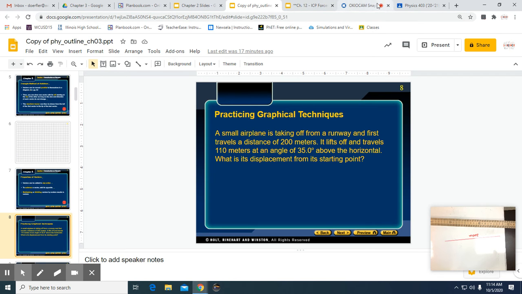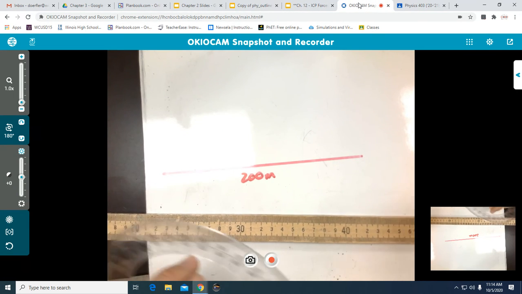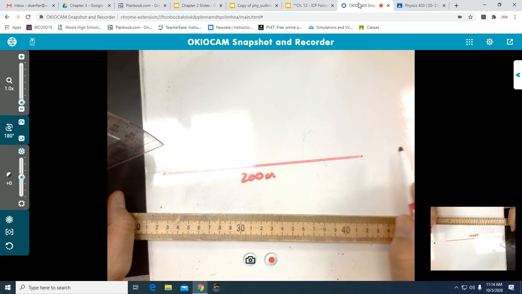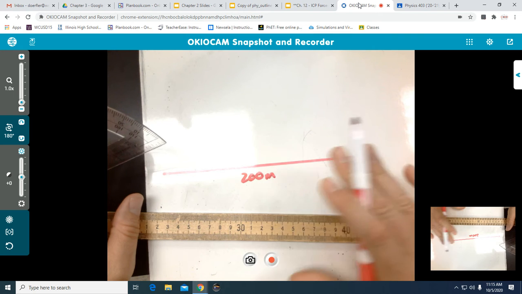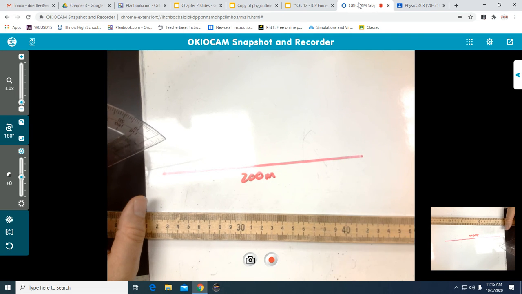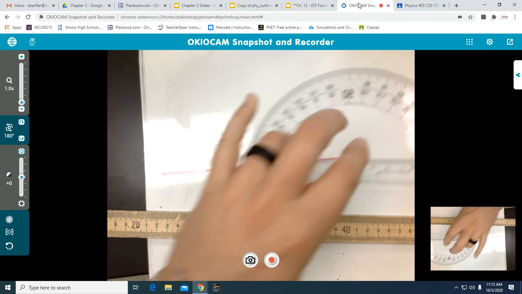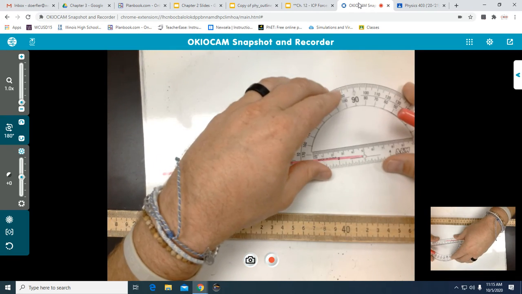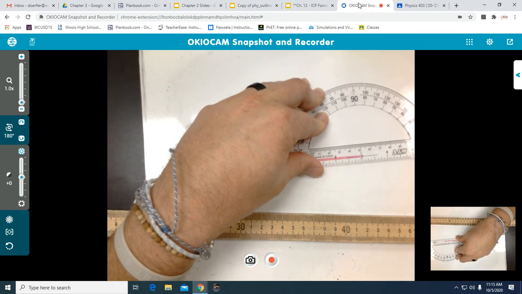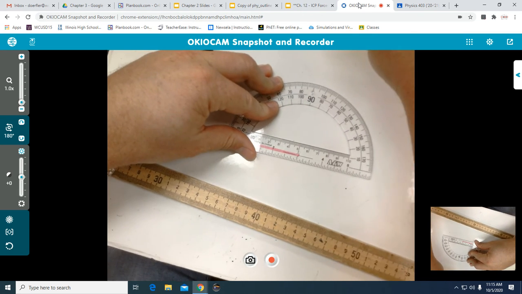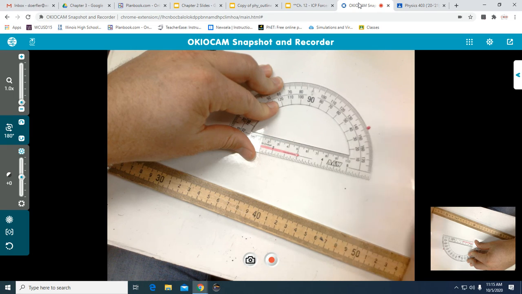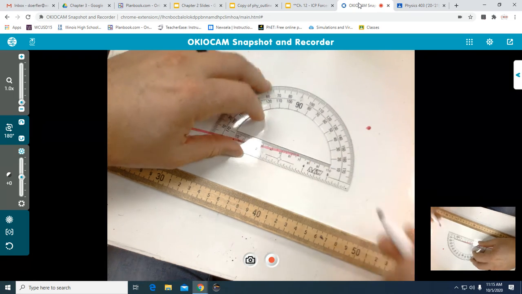When it says above the horizontal, we can think of this first line as the horizontal. Okay, it's the viewpoint that is off the horizon. So what I'm going to do is put my protractor down and measure and find out where 35 is. Okay, 35 degrees from that line.